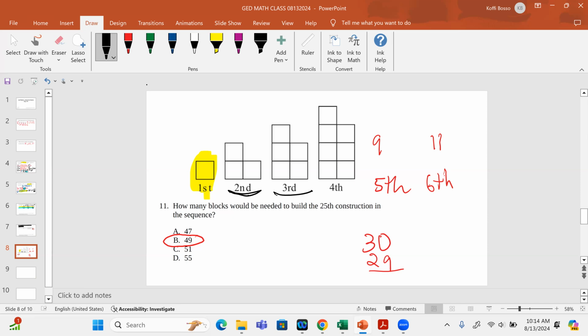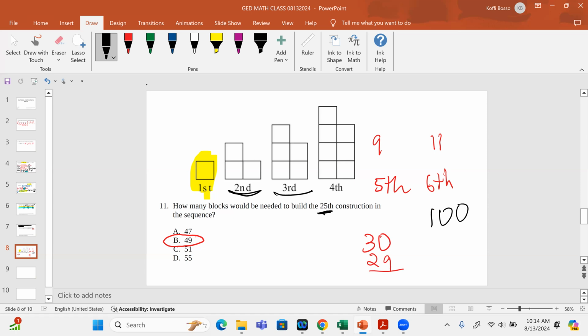Therefore, if you have 25, the number below 25 is 24. 25 plus 24 gives you 49. Okay, so if I give a 30, that's why he said 30 plus 29, because 29 is below 30. And if you do the sum, that gives you 59. So suppose they say, okay, 100 construction.